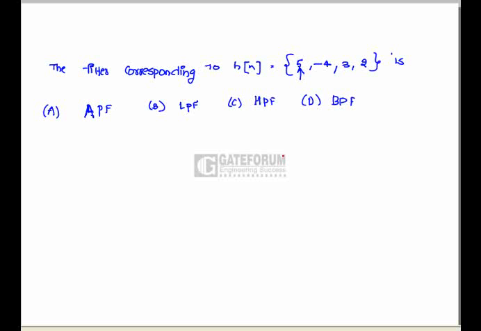The filter corresponding to given h of n is. See, in order to check what kind of filter it is, we need to convert h of n into the frequency domain, that is H of e power j omega equals the summation of h of n e power minus j omega. Here omega is the digital frequency, and the range of omega is minus pi to pi.